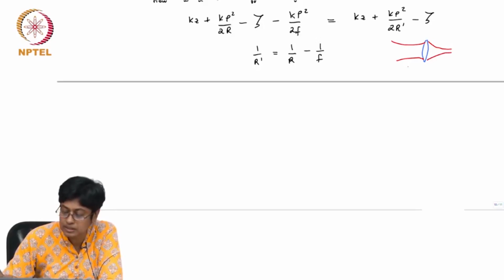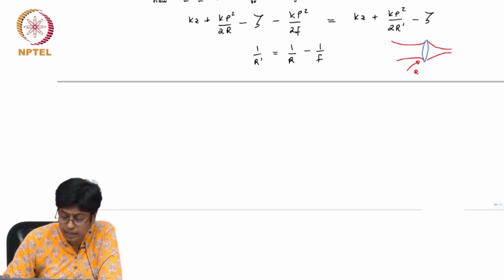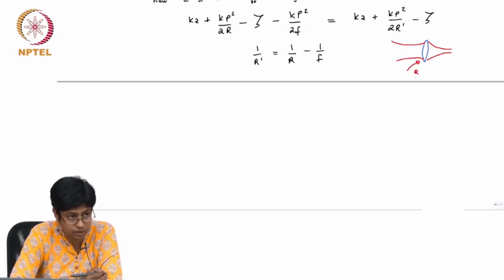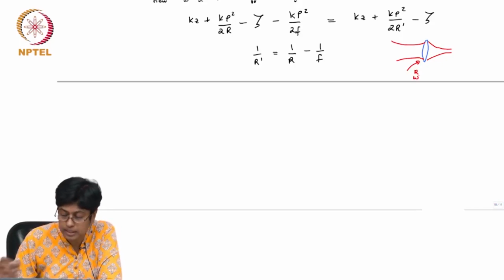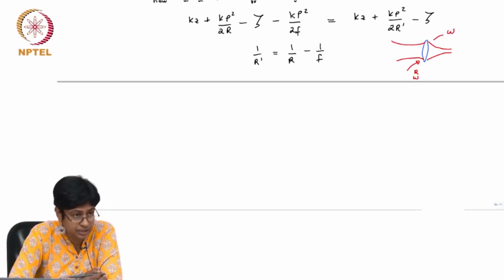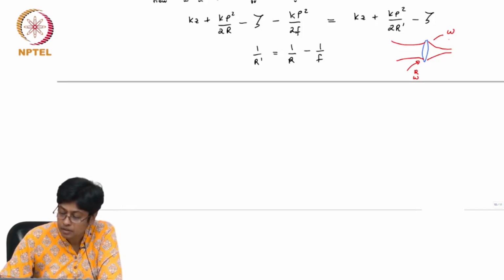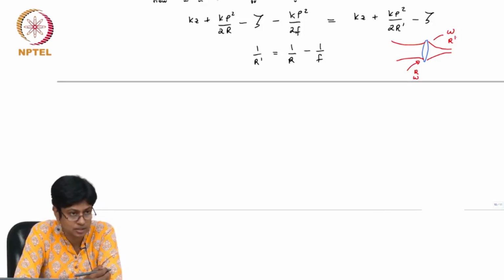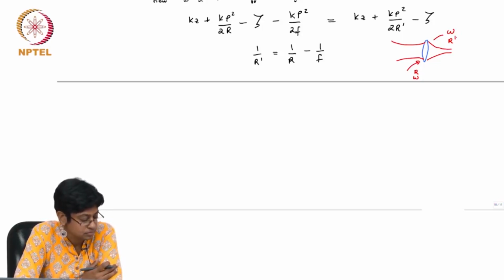What this equation is saying is, before the lens you have a radius of curvature r of the wavefront, you have a spot size omega, and immediately after the lens omega doesn't change, assuming a thin lens, but your radius of curvature has changed. And how has it changed? It is a function of the focal length of the lens that you are using.